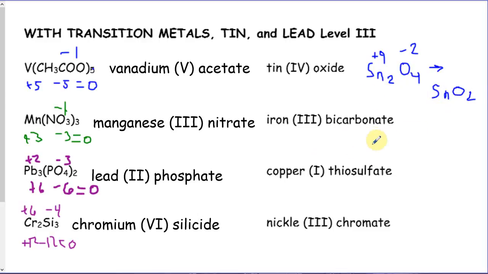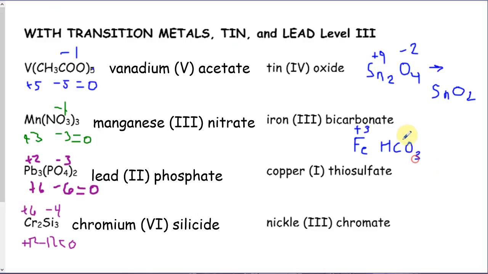We have iron 3 bicarbonate. So we have Fe +3 charge. So I write a +3 above iron. Bicarbonate is HCO3, a polyatomic ion with a -1 charge. And I'll try to write that so that the actual -1 goes in there.